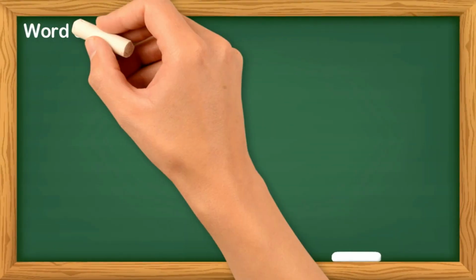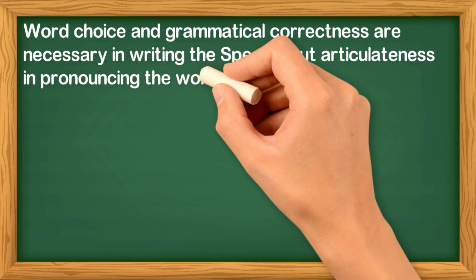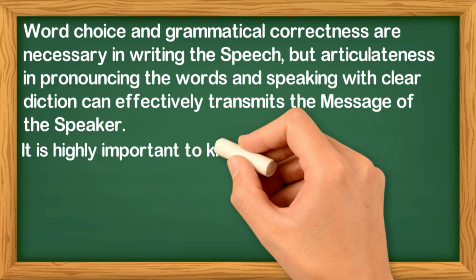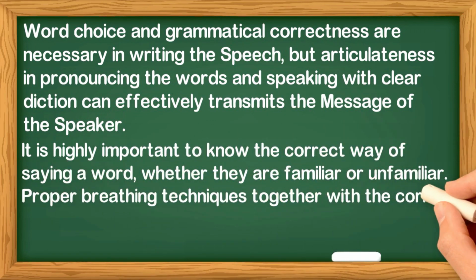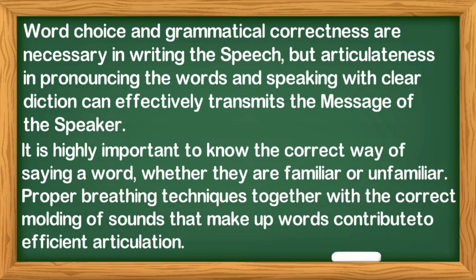When the speaker's words cannot be understood because of poor articulation, the speech might as well not have been delivered at all. Word choice and grammatical correctness are necessary in writing the speech, but articulateness in pronouncing the words and speaking with clear diction can effectively transmit the message of the speaker.